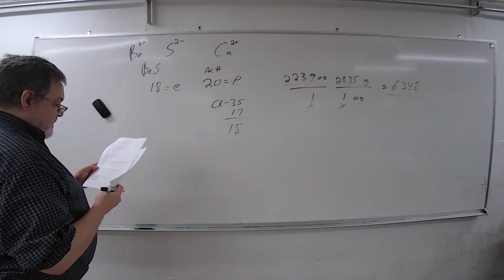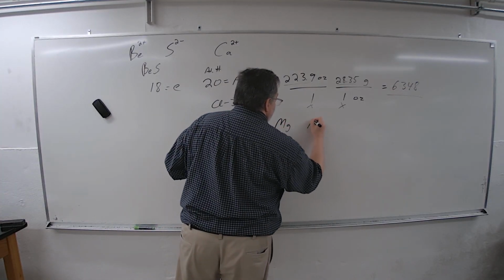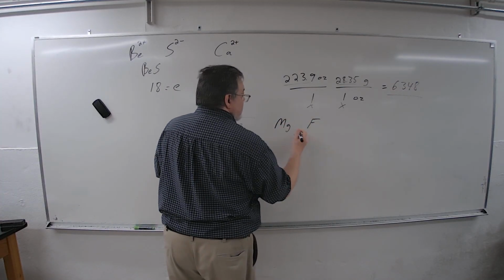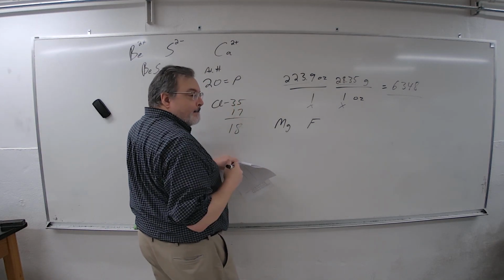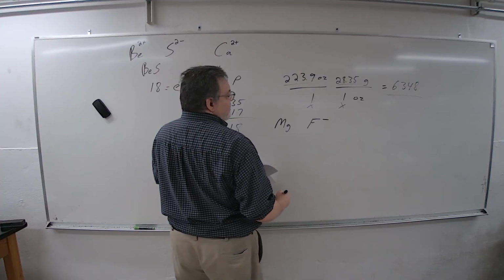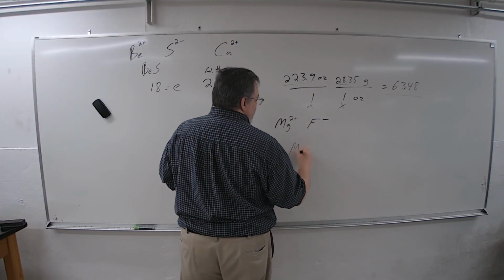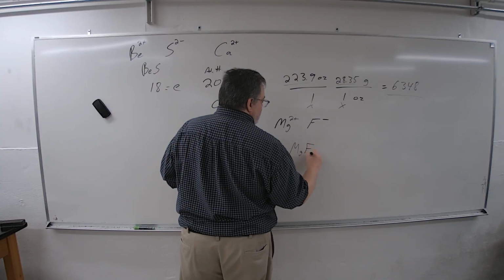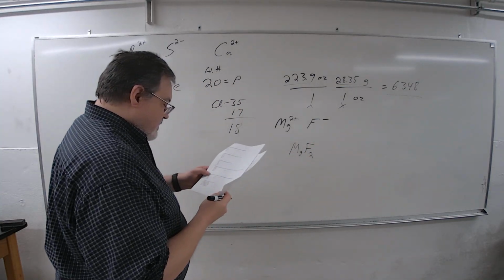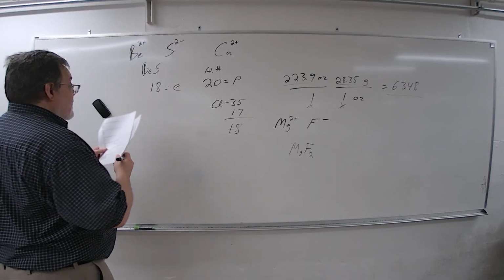Yes, checking my answer key as we go. Magnesium fluoride. What's the charge on fluoride? -1. And for magnesium, that one's 2+, so you have to have MgF2 to make the charges balance. That was B.